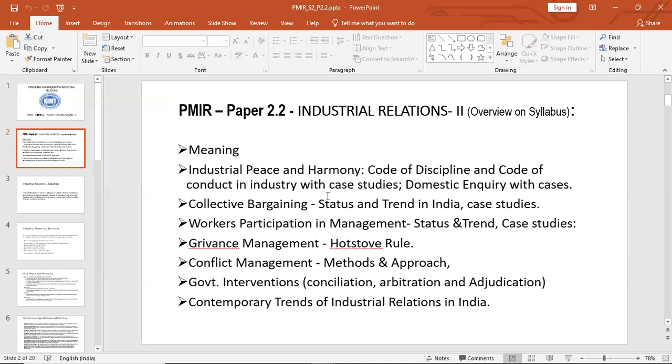How to minimize strikes and lockouts to have good relations and a good working culture in the industry. That is the main objective of industrial relations.